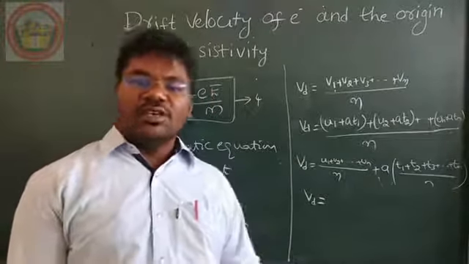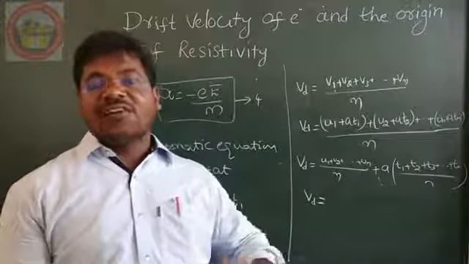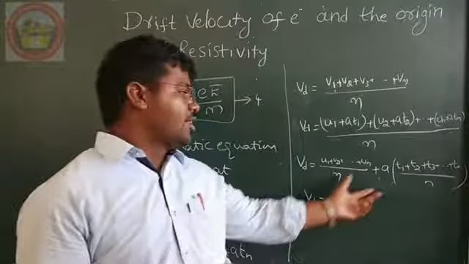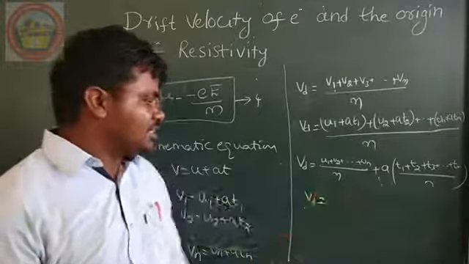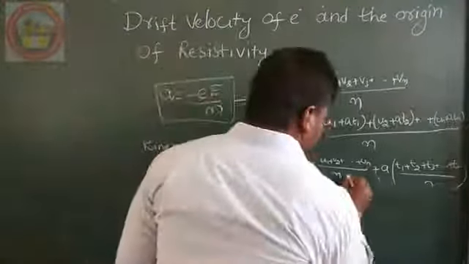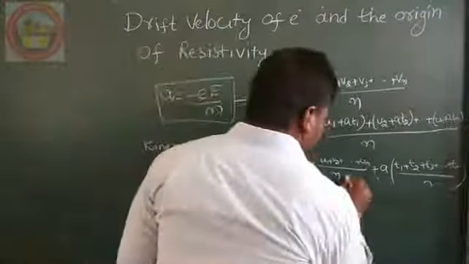Even in the absence of an external electric field, the average of the initial velocities of all electrons is 0, so the average initial velocity is 0 plus a.